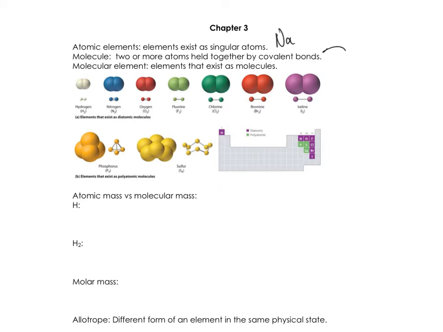So a molecule is when two atoms are held together through strong bonds, through a sharing of electrons. There are molecular elements, like I said, that when we talk about chlorine by itself, we're not saying Cl, it's actually Cl2. It's two chlorine atoms bonded together through a covalent bond.